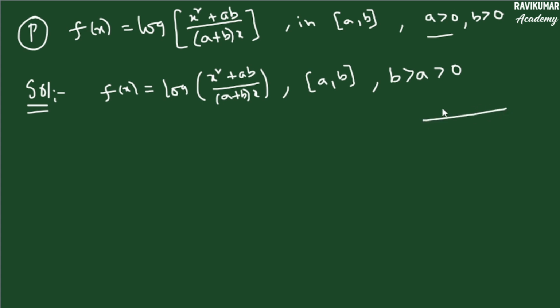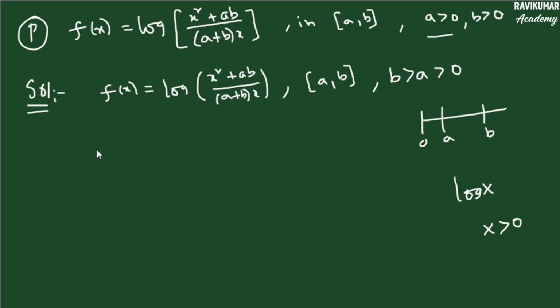So whenever the value of a and b are positive, then inside this logarithm it is a positive quantity. So logarithm is defined, log x is defined if x is positive only, right? And because a and b are positive and x is in between a and b, x square is positive, ab is positive, a plus b into x is positive, everything is positive inside. Therefore, it is a well-defined function.